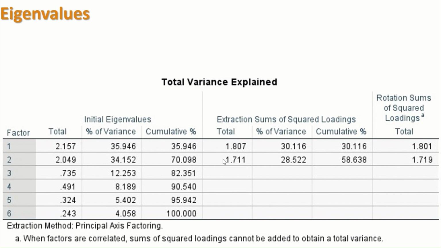So the EFA managed to extract 2 factors out of these 6 items, or sort these 6 questions or 6 variables into 2 major factors, factor number 1 and factor number 2. Both of them can explain 70% of the variances.